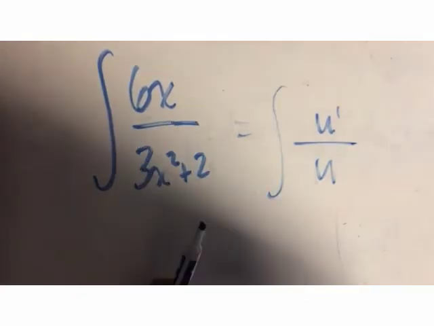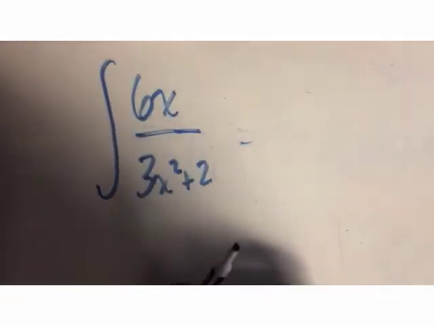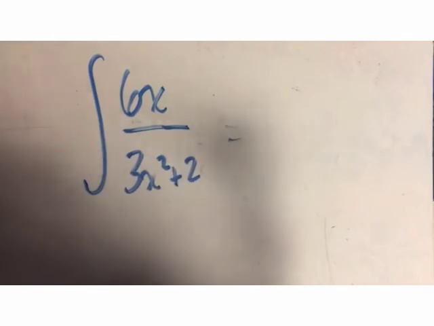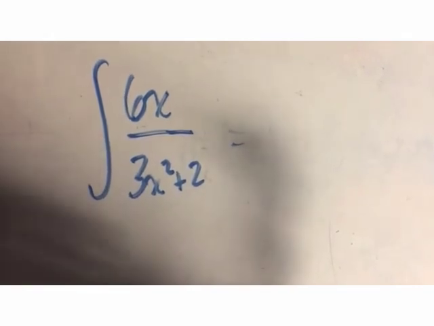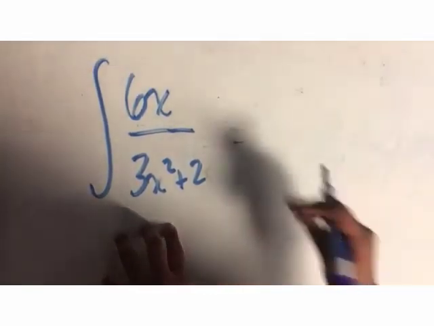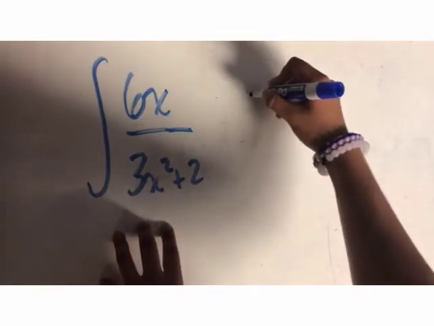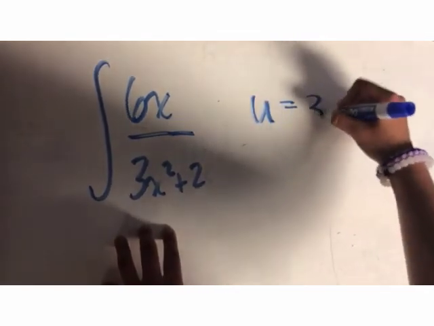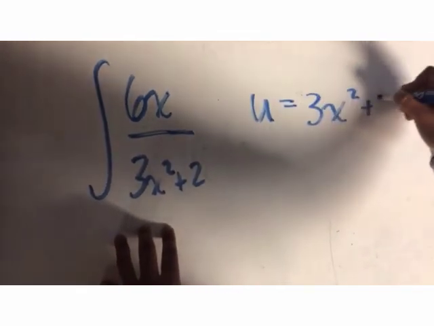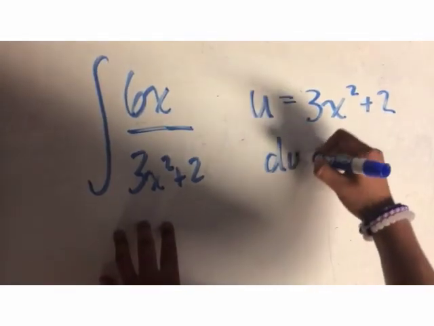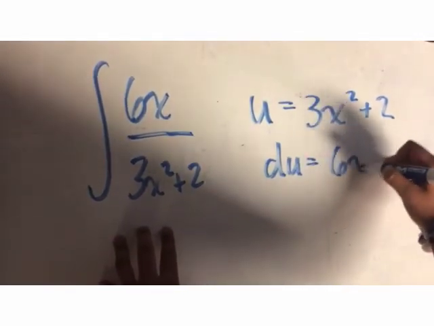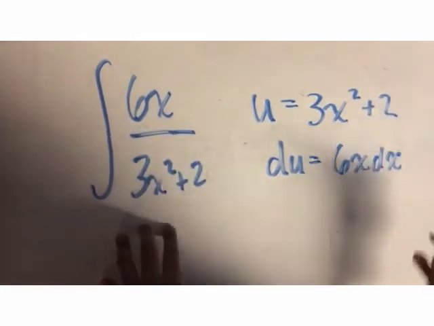You can look at the problem and see. So, by using u substitution, I can recognize that my u is in the denominator. So that means, for u substitution, my u will be equal to 3x squared plus 2. And then the derivative of that would be 6x dx.